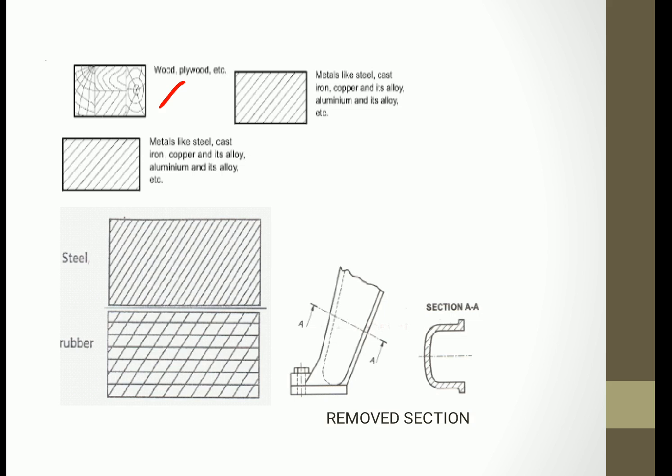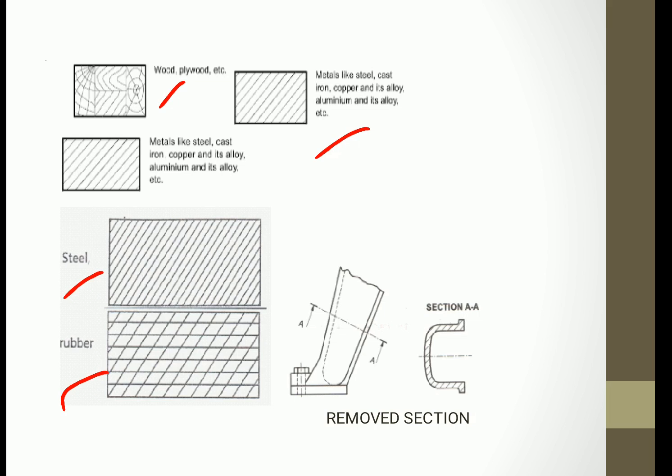Now this is the freehand sketch of wood, plywood, etc. Then this is for metals like steel, cast iron, copper alloys, aluminum and aluminum alloys.